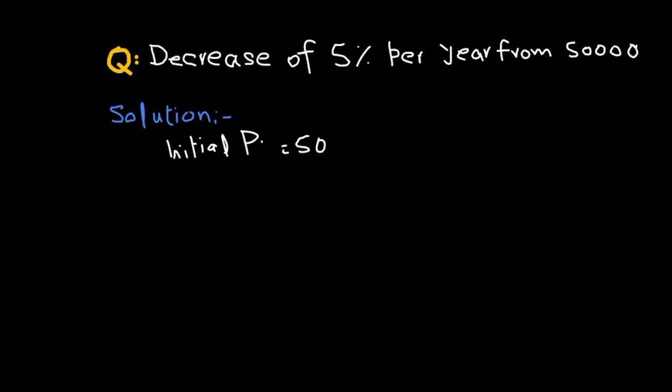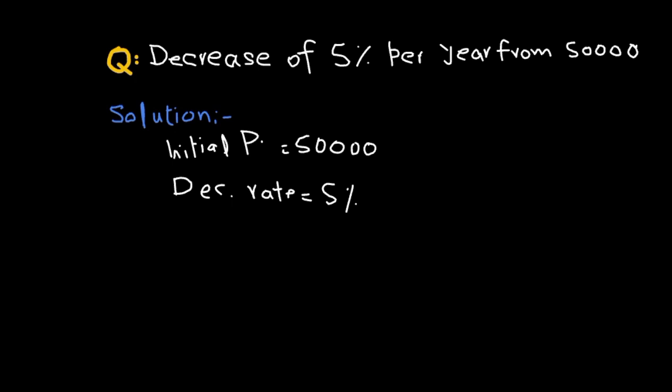Initial population is 50,000 and decrease rate is 5% per year. We have decrease rate equal to 5%.